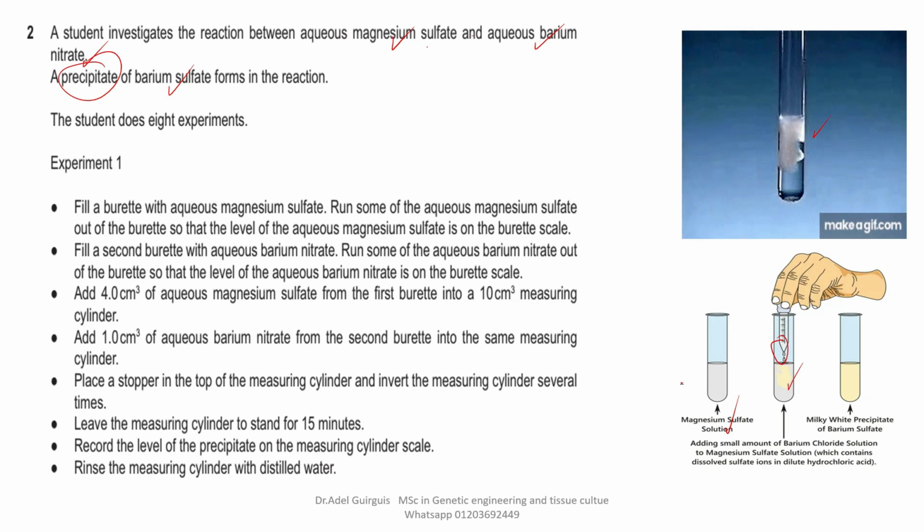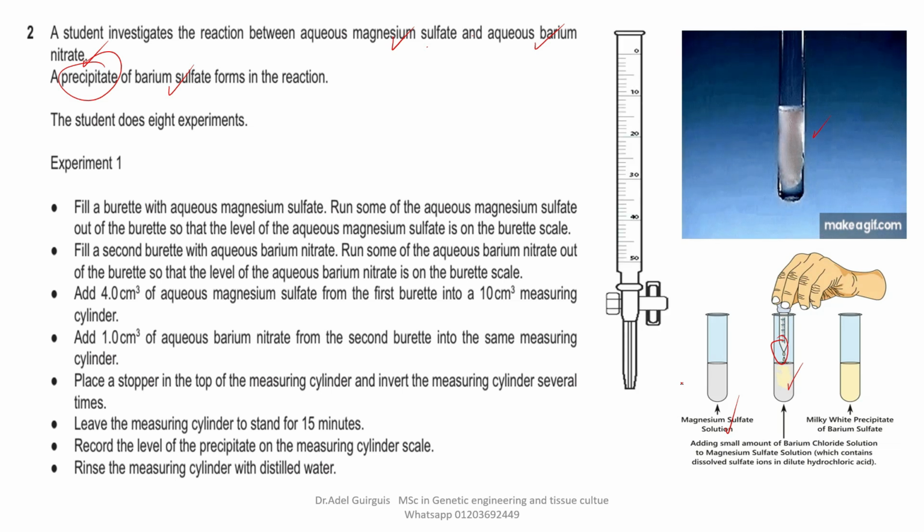Experiment 1. Fill a burette with aqueous magnesium sulfate. Run some of the aqueous magnesium sulfate out of the burette through the tip so that the level of aqueous magnesium sulfate is on the burette scale, starting from 0.